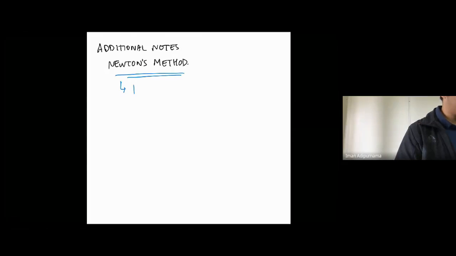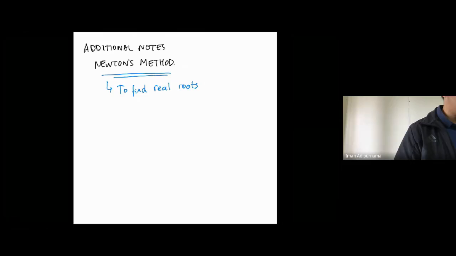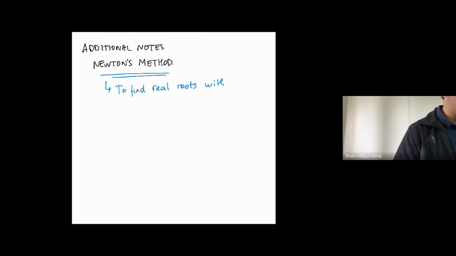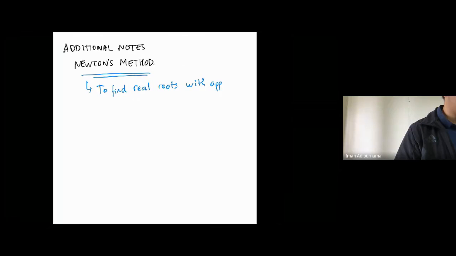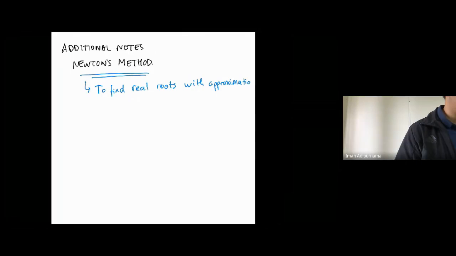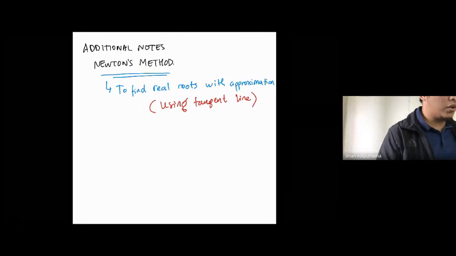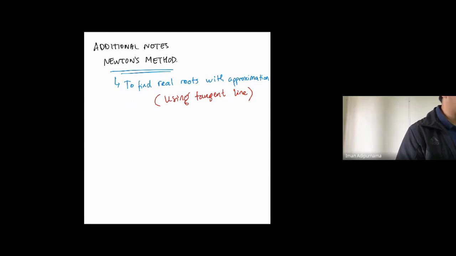The purpose is to find real roots with approximation using the tangent line, the same tangent line you are using with the linear equations and linear approximations.